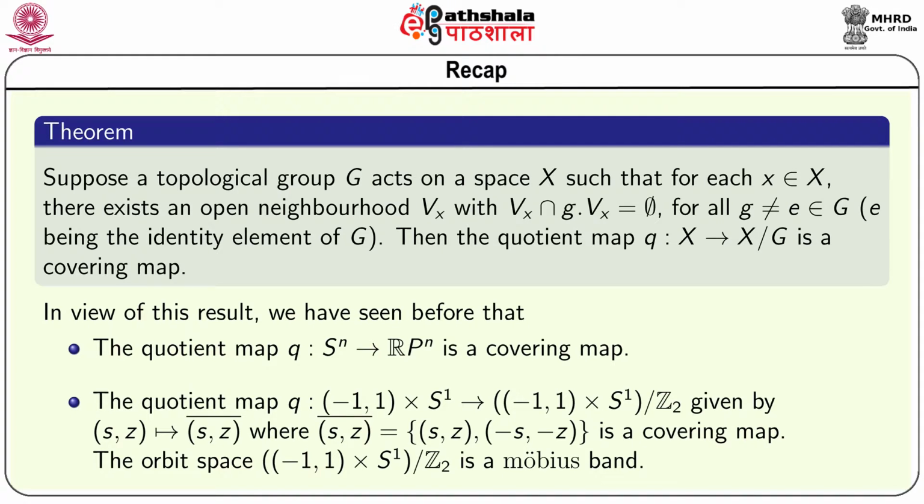Also, the quotient map Q from the cylinder [-1,1] cross S1 to [-1,1] cross S1 by Z2, given by the pair (s,z) goes to the class [s,z], where the class contains the points (s,z) and (-s,-z), is a covering map. This orbit space, cylinder by Z2, is a Mobius band.